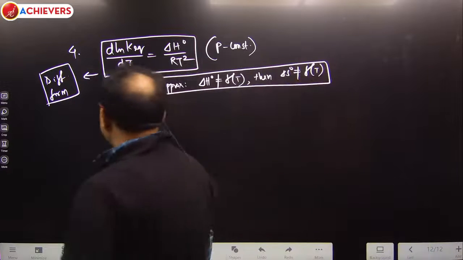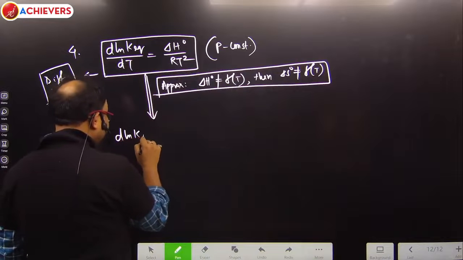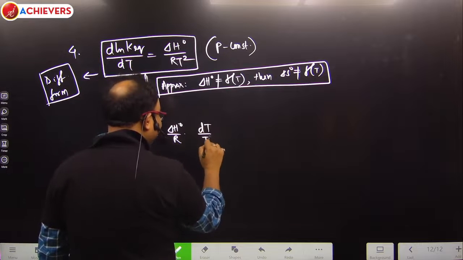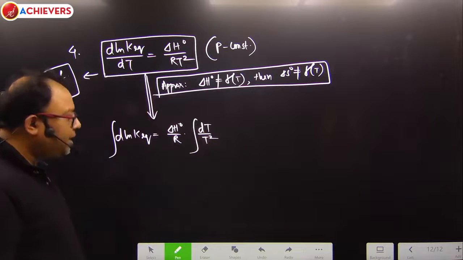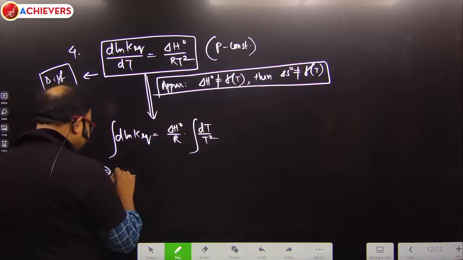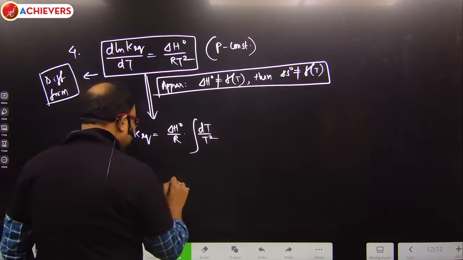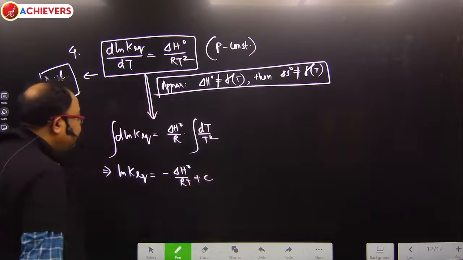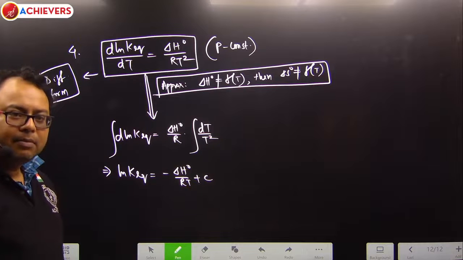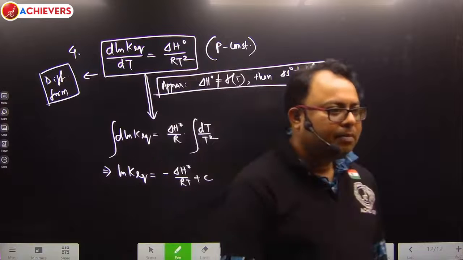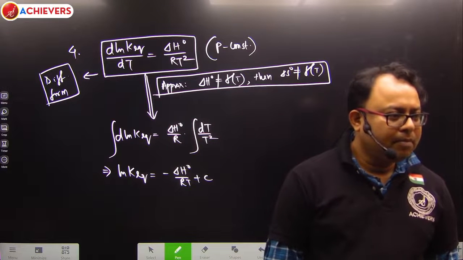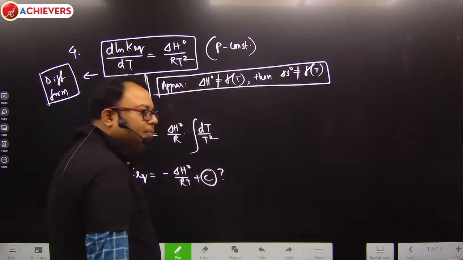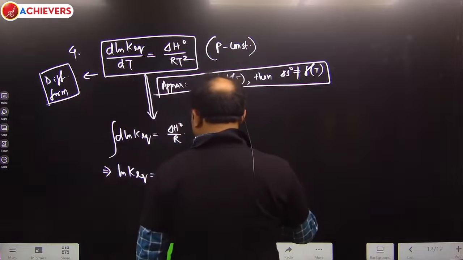Now let us integrate. If we integrate both sides, we get ln Kq equal to minus delta H naught by RT plus some integration constant C. Now we need to find out the value of C. This is also very simple.